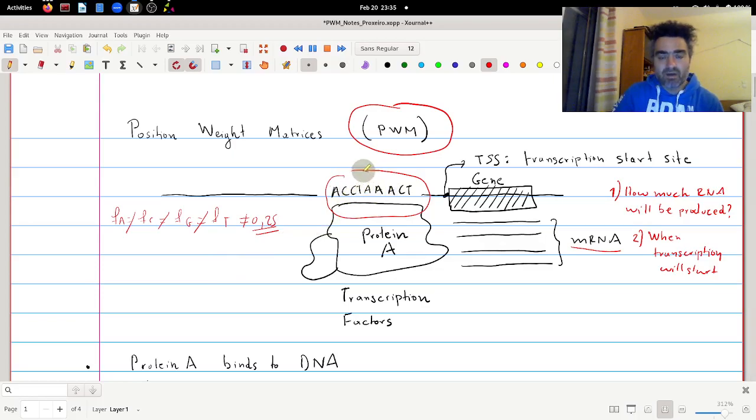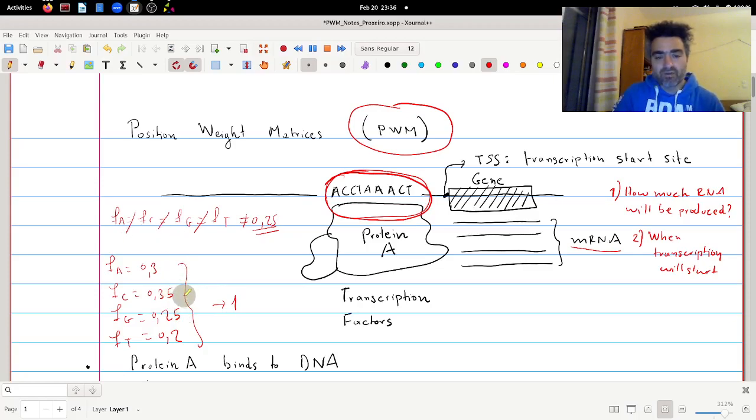Which means that if we would expect something by chance here, then these will be similar to the frequencies that we would observe elsewhere in the genome. So for example, if in this genome the frequency of A is 0.3, the frequency of C is 0.35, the frequency of G is 0.25, and the frequency of T is 0.42, so all this sums to 1, then also here we would expect to observe just by chance these frequencies of ACGT.